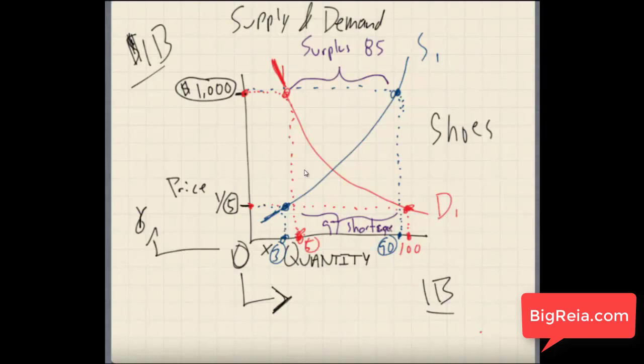Let me spell that a little neater. Short age. It's an easy way to learn how to spell it. Shortage, okay? So we have a shortage over there, and up here we have a surplus. That's what happens when there's basically an incongruency between the suppliers and the demand.